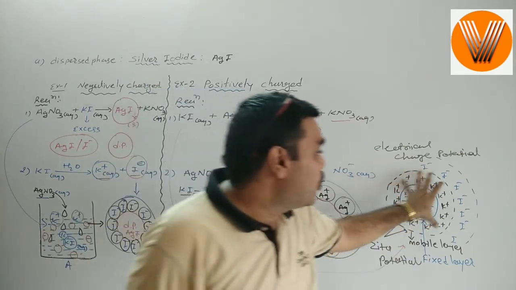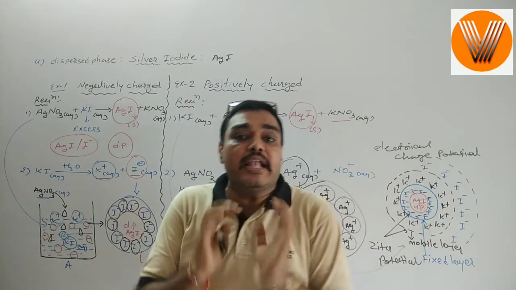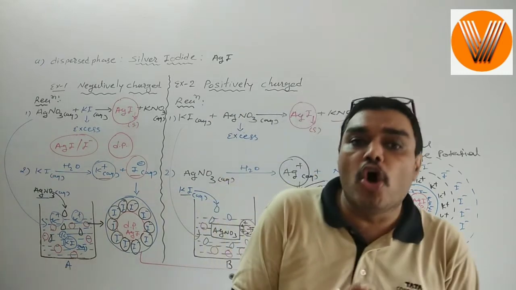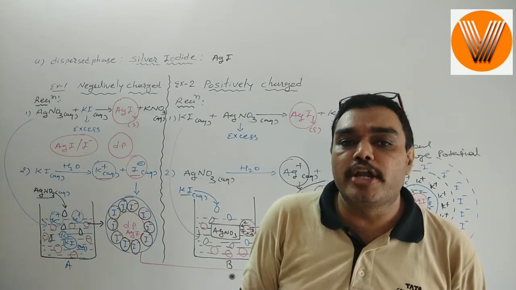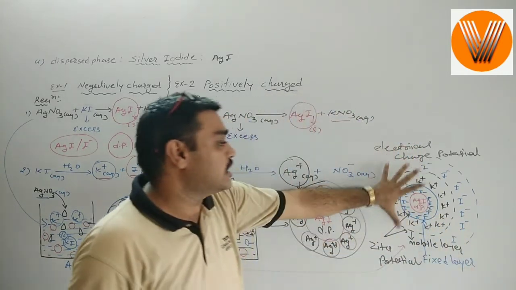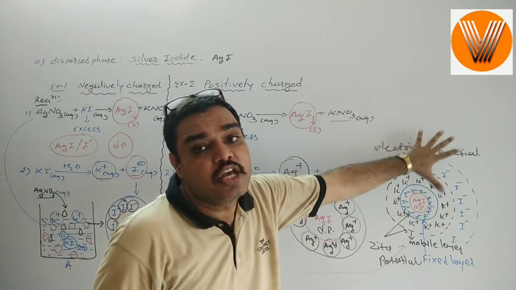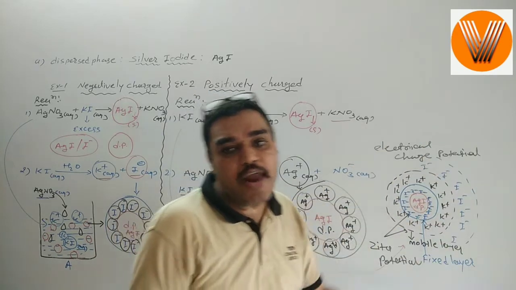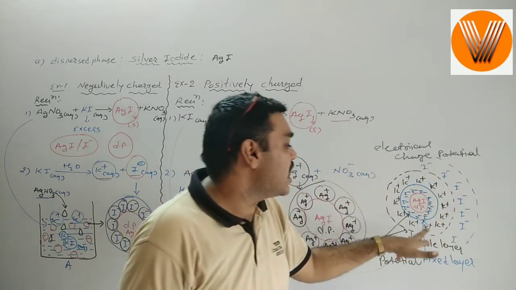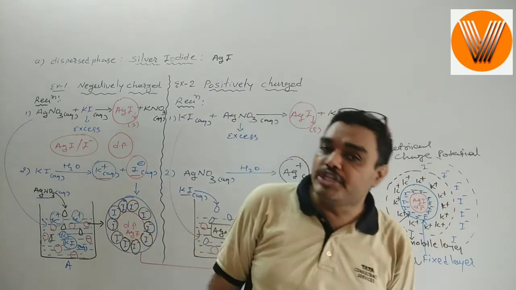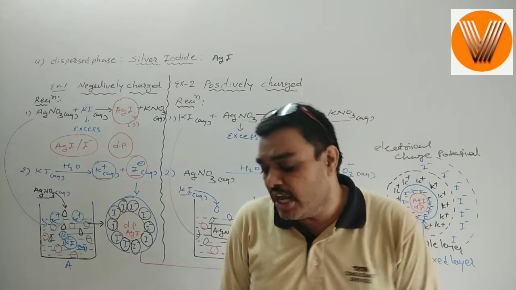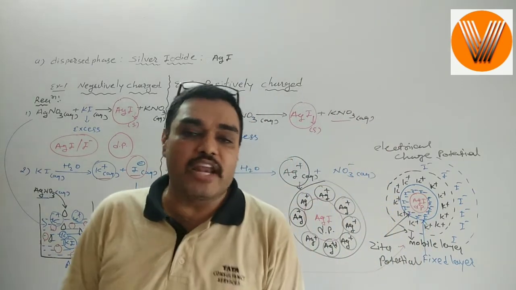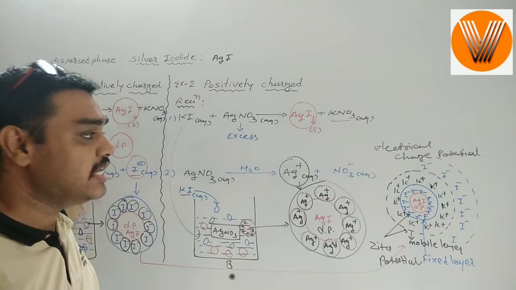Due to this potential difference, some electrical potential is also created in this type of colloidal salt, which makes it stable. So how charge is deposited on the surface of silver iodide, what the fixed layer is, what the mobile layer is, and how zeta potential or electrical potential is formed, you understood very well with this figure. You can see all the things.